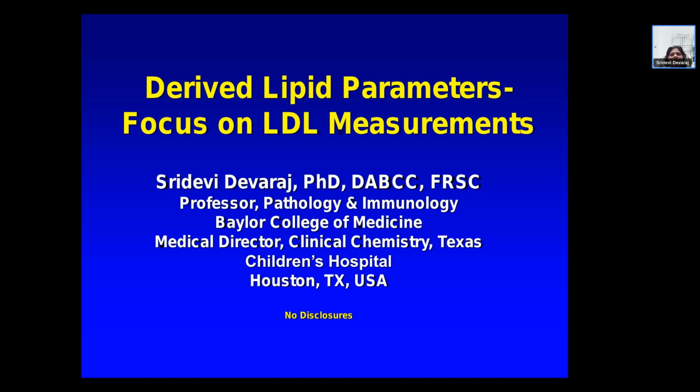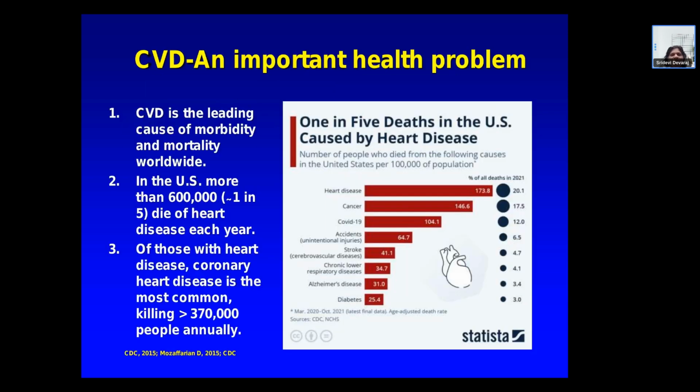Obviously, lipid parameters are a lot, and today the focus will be on the lipid measurements. Why we're doing this is because, as you all know, coronary artery disease and cardiovascular diseases are the leading cause of morbidity and mortality worldwide. And in the United States, more than 600,000, that is 1 in 5 people, die of heart disease each year.